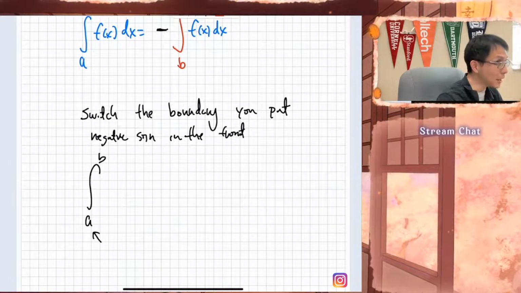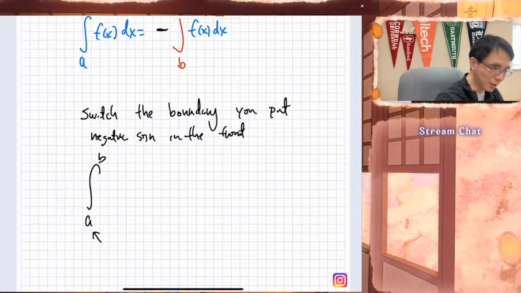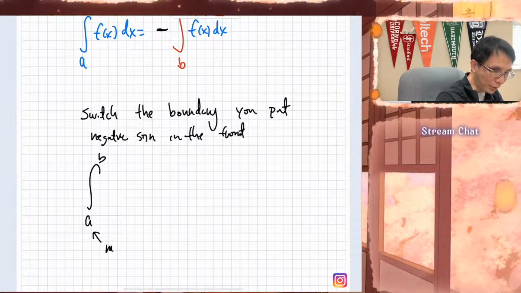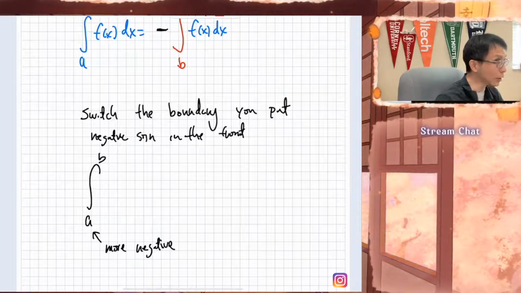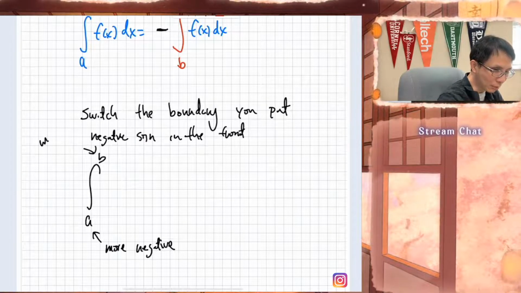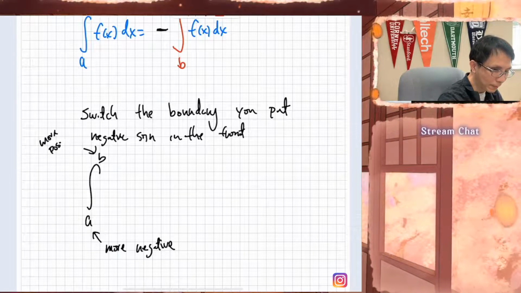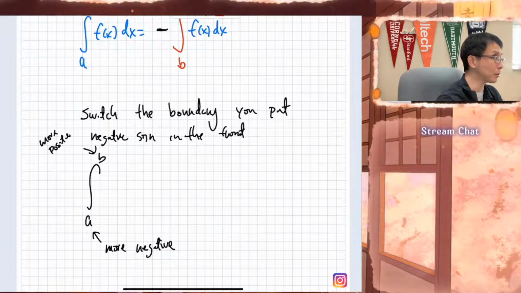So what I will tell you is I will always prefer the number here to be less than the upper bound. So the lower bound is always less. So I will say more negative here. I prefer this is more negative and this is more positive. What I mean is, if I have 3 and 2, I will put 2 on the bottom and 3 on the top.